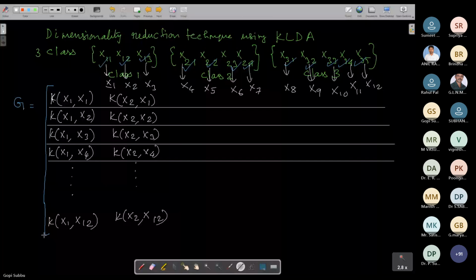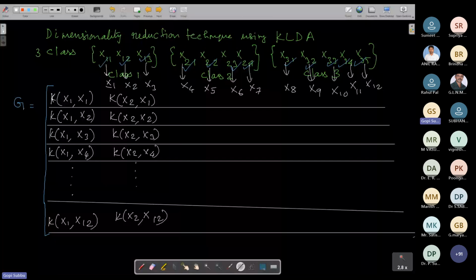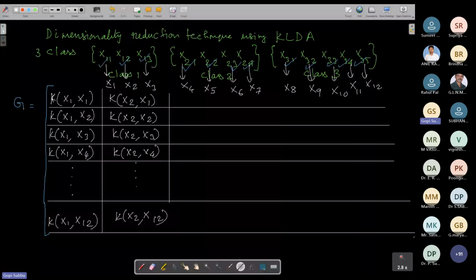Say, for example, this is done here. And the third column is k of x3 comma x1, k of x3 comma x2 and so on, up to k of x3 comma x12. I hope you got it, right?